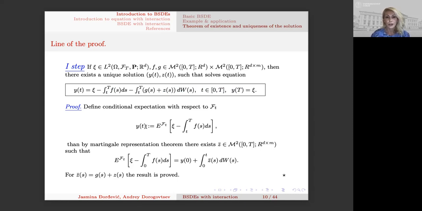So if we define Y of t to be the conditional expectation of a given the filtration, then there exists Z bar from M2 such that the conditional expectation can be expressed as an initial value for Y and the integral from 0 to t of the process Z bar with respect to Brownian motion. And if we take that Z bar can be expressed as the sum of Z plus some function g, the result is directly proved.